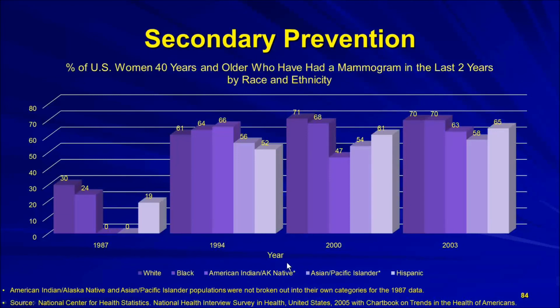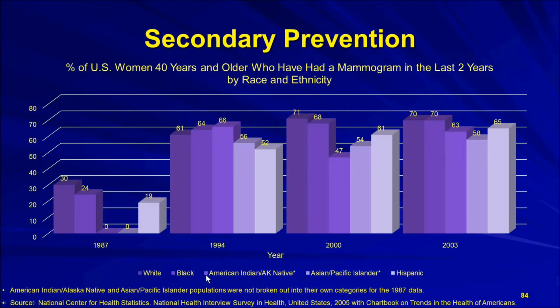So if I were going to look at this, I would probably say the lowest population would be Asians. Asians would be a population that it's a little hard to see here.